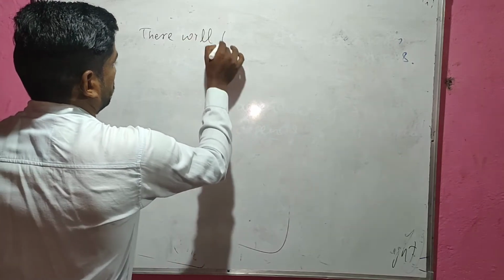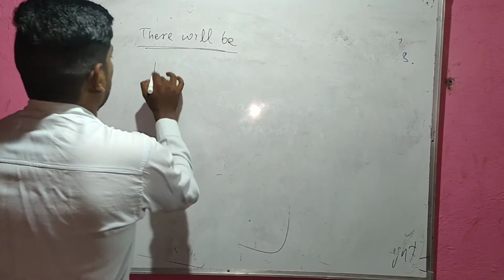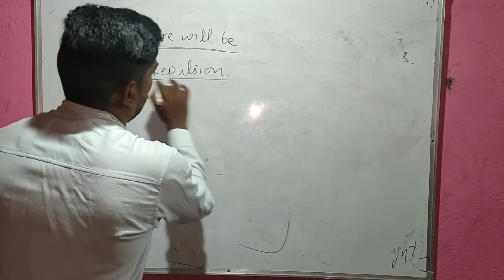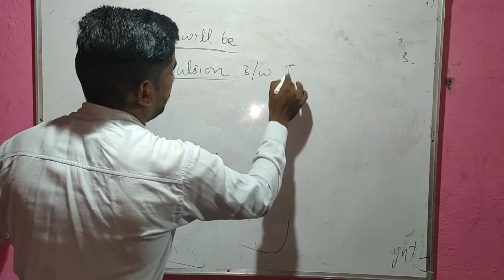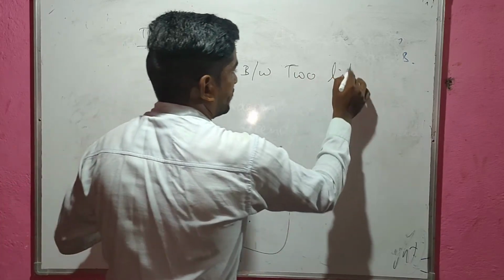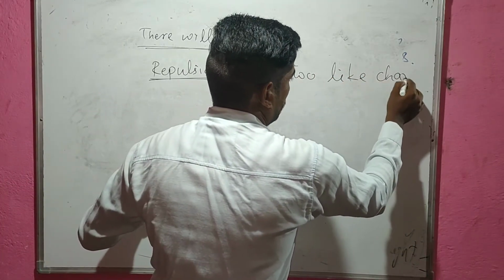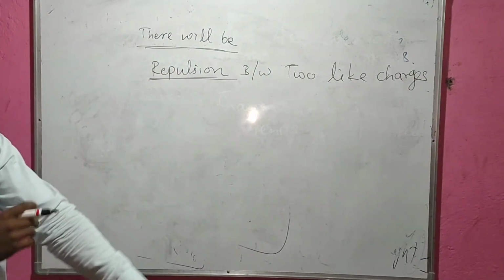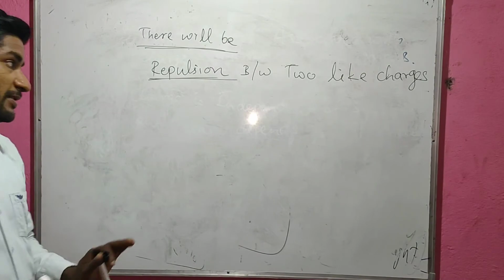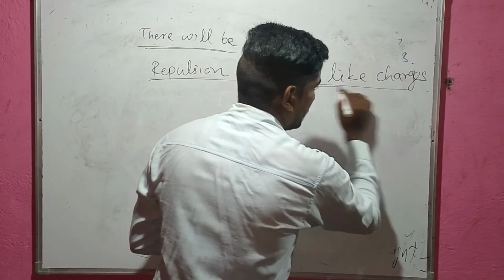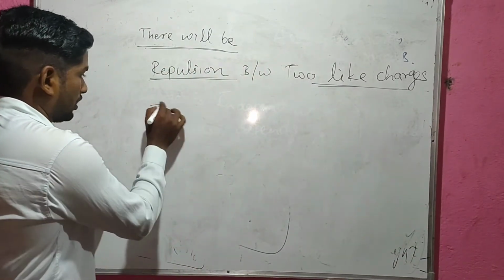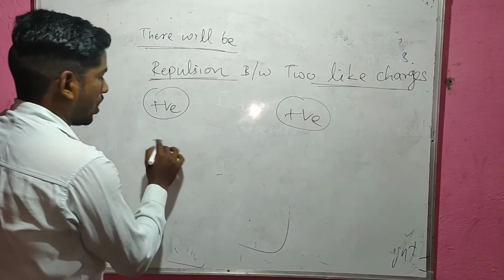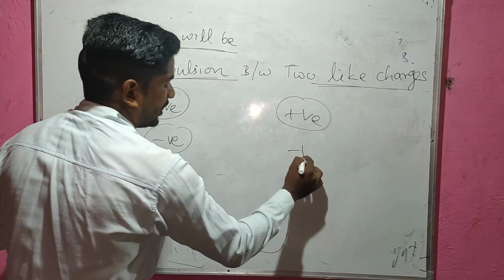There will be repulsion between two like charges. Like charges means they have the same nature, either positive or negative.